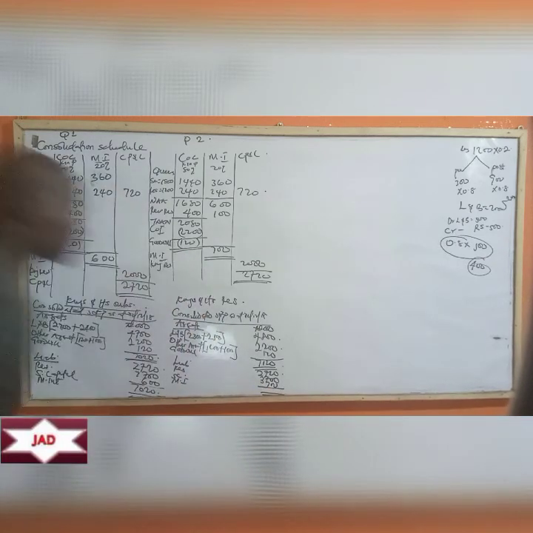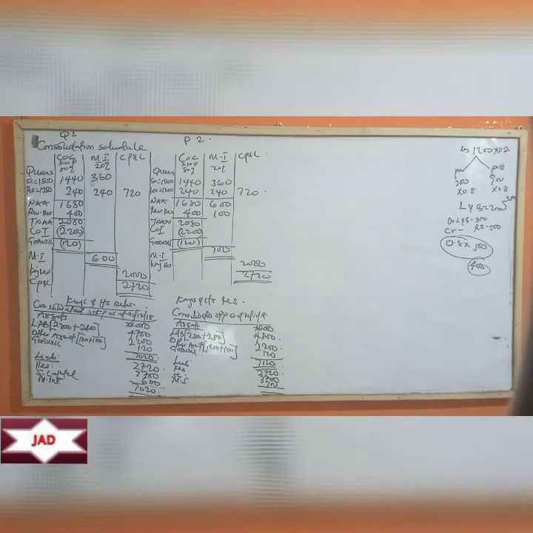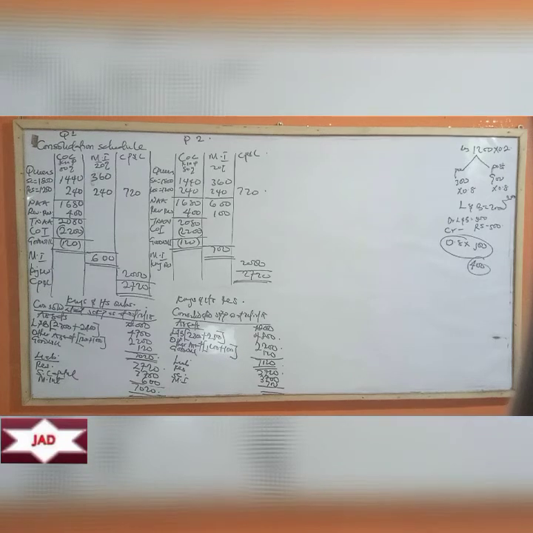So what's the total here? 2,720 plus 3,700, right? Plus 700, 7,120.